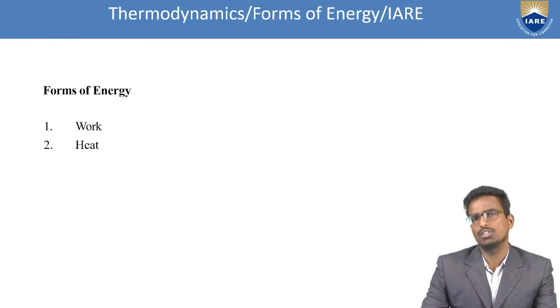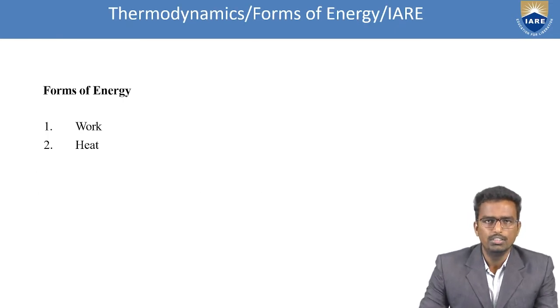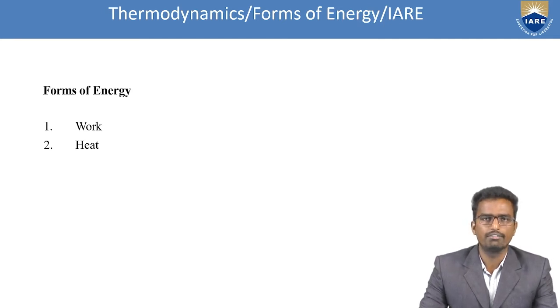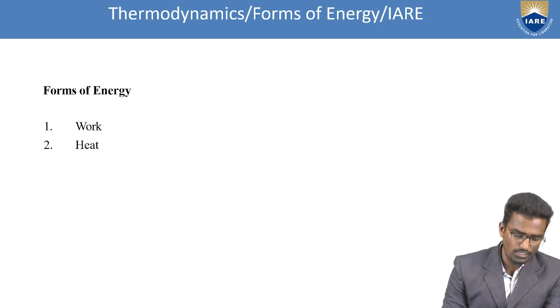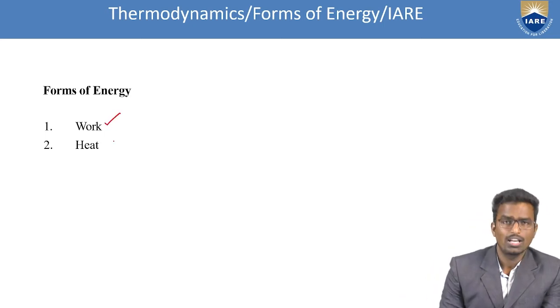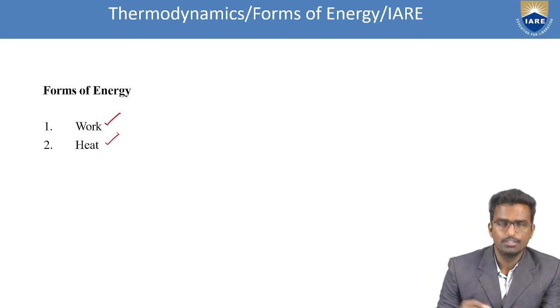After these basic definitions of thermodynamics, we have to discuss two major forms of energy. There are two major forms of energy which we frequently discuss in thermodynamics. One is work, and the other is heat.